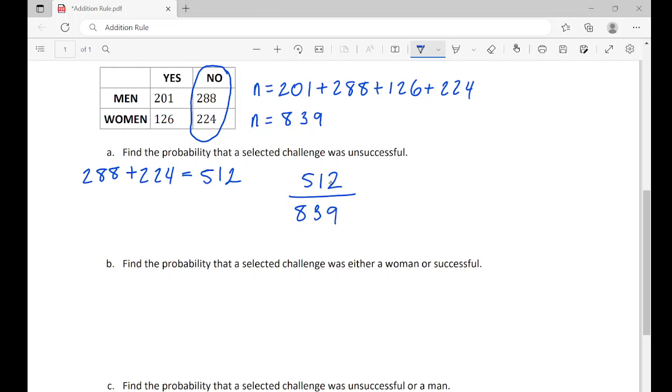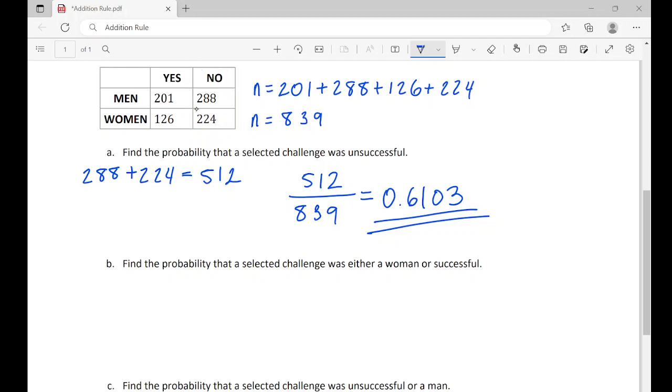So 512 over 839 is the probability, but we typically want to write it as a decimal, so just plug it into your calculator. You typically want to round to 4 decimals unless otherwise stated. When you do that, we get 0.6103. So the probability that a selected challenge was unsuccessful is 0.6103.